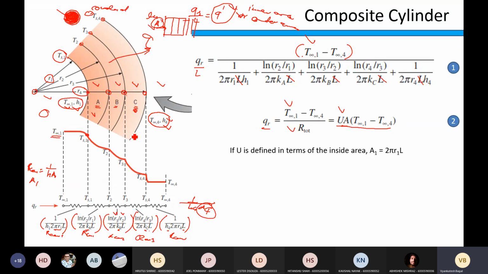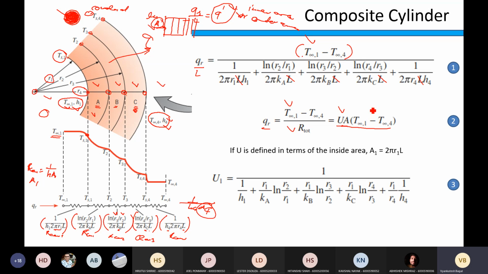If U is defined in terms of the inside area, then this A1 will be replaced by 2 pi R1 L, right? Then how will your definition of U look? Note down. Your overall heat transfer coefficient U1, now this is based on the inside area.